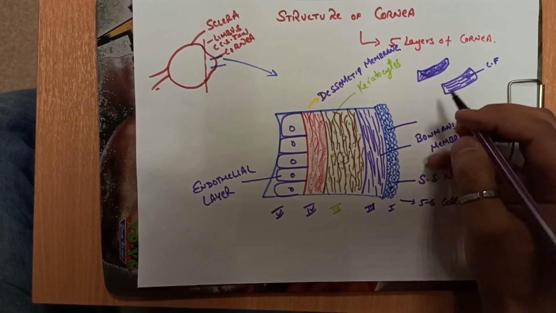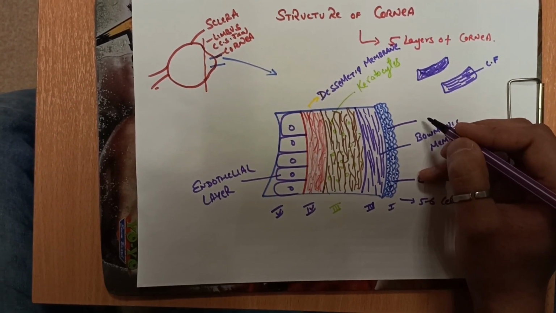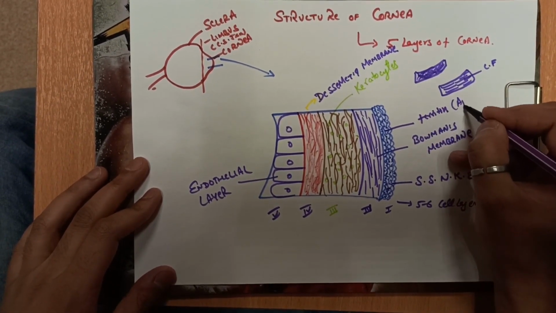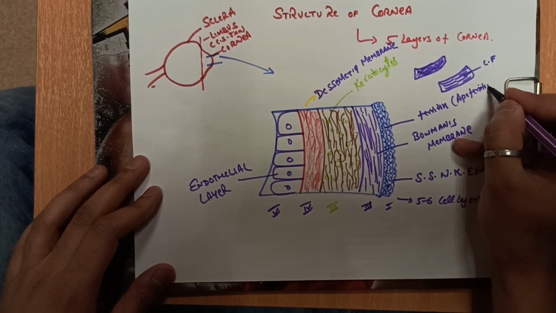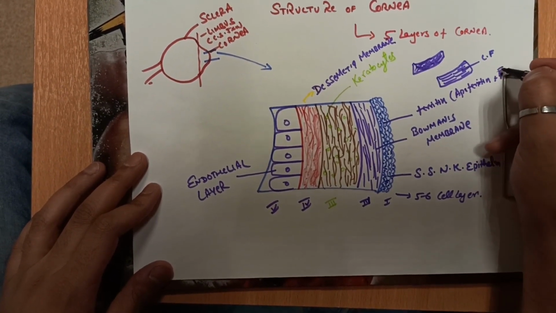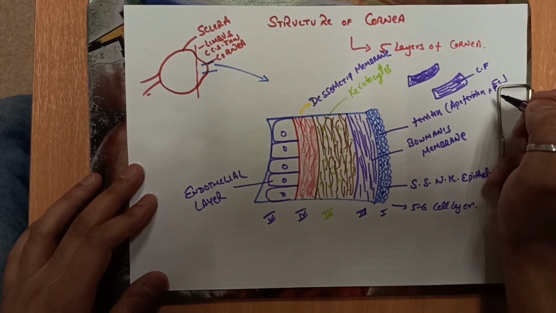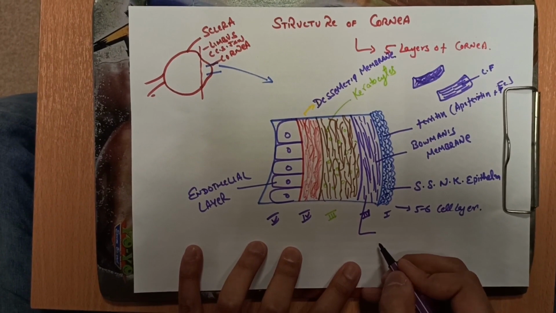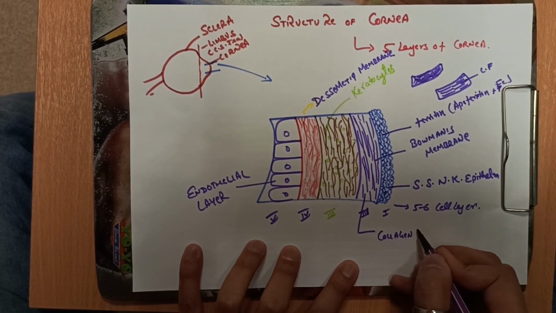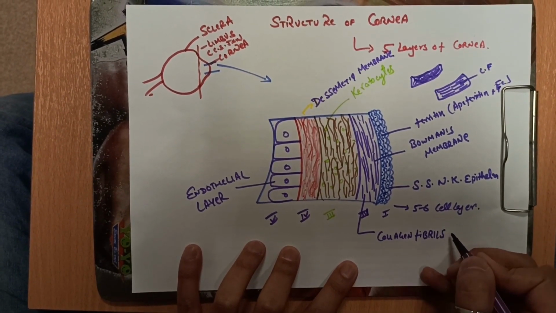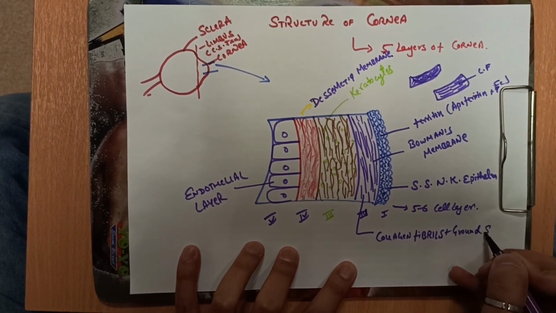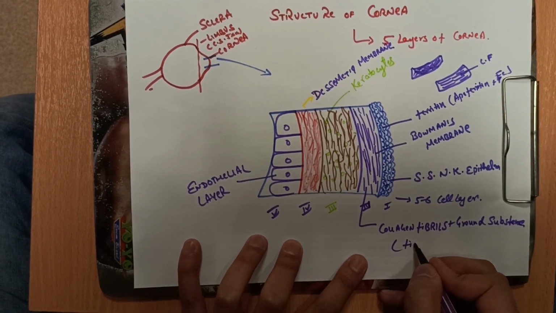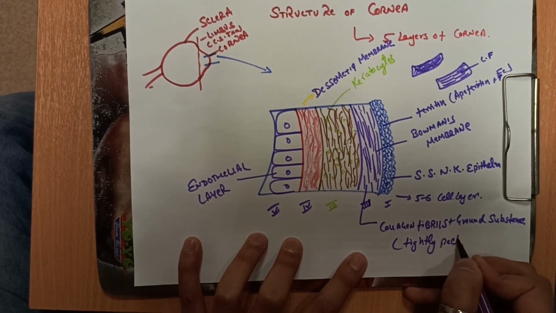The nucleus in this epithelial cell consists of small granules of ferritin, or you can say apoferritin plus iron. This protects the DNA from the UV rays. Coming on to the Bowman's membrane, this consists of collagen fibrils plus ground substance. I think you all might know what the ground substance is, and these are tightly packed.